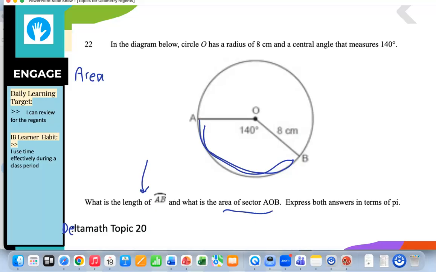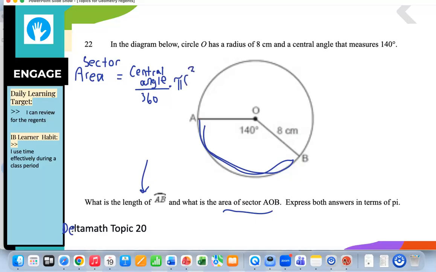Area for a sector is equal to the central angle divided by 360 times pi r squared.